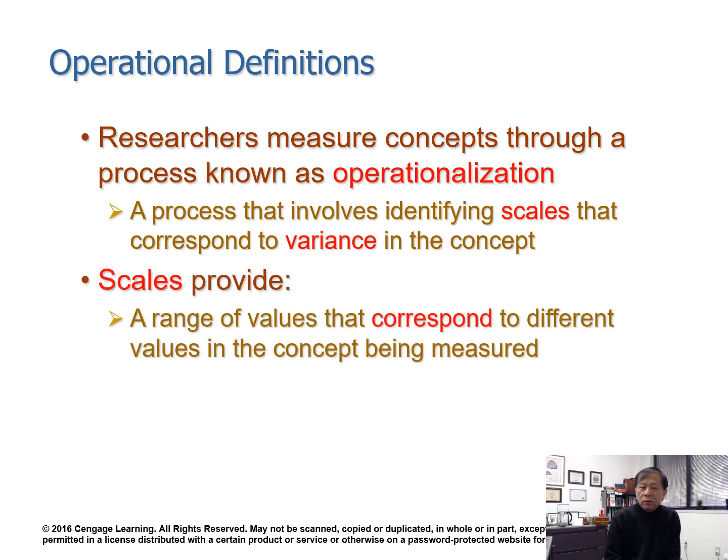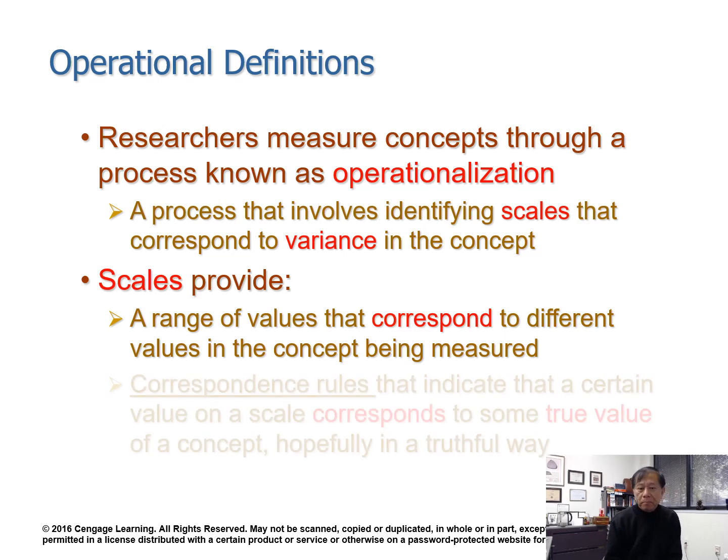A scale can provide a range of values that correspond to different values in the concept being measured. Like customer loyalty: very loyal, not so loyal, not loyal at all, for example. And your scale should give different values corresponding to different levels of the concept that you are measuring.